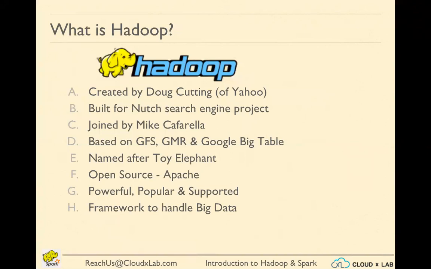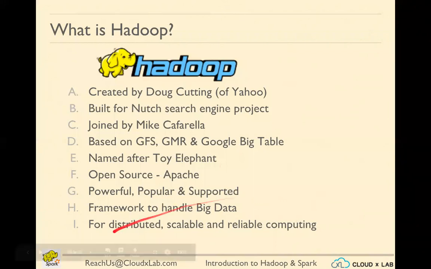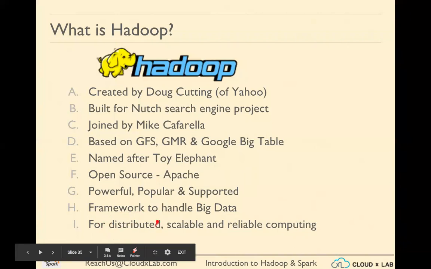Hadoop started with these three components. Then, after a while, it became an umbrella of products, or a suite of products. All these other products that came under the umbrella of Hadoop were for distributed, scalable, and reliable computing. What does that mean? Distributed means you divide the work amongst many computers.